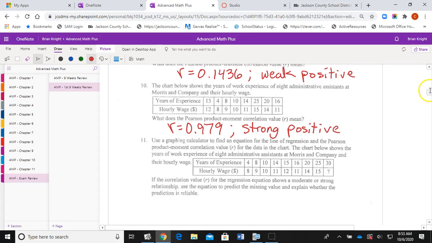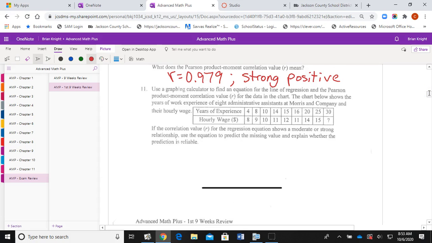Okay, and then you got one more, I believe, number 11. It says use a graphing calculator to find an equation for the line of regression and the Pearson product moment correlation value R for the data in the chart. The chart below shows the years of work experience of 8 administrative assistants at Morris & Company and their hourly wage.